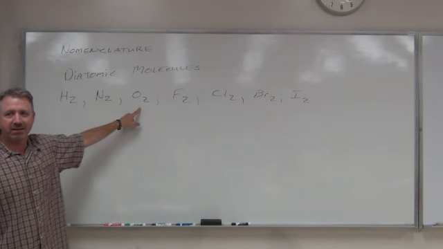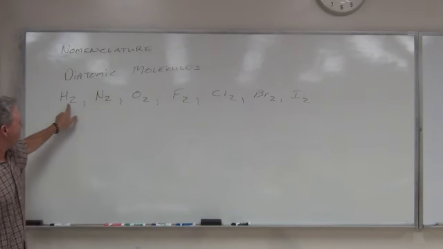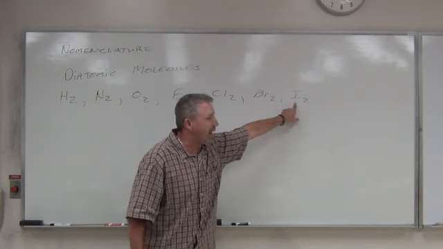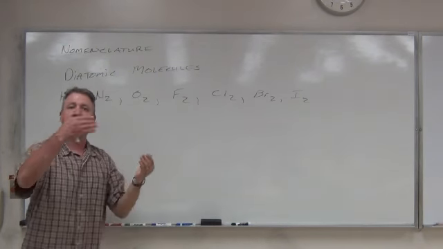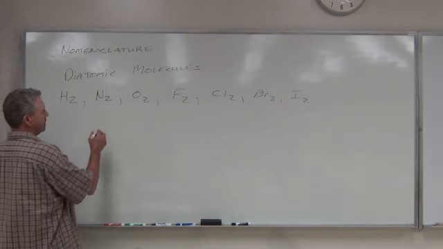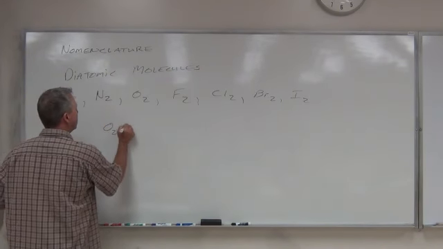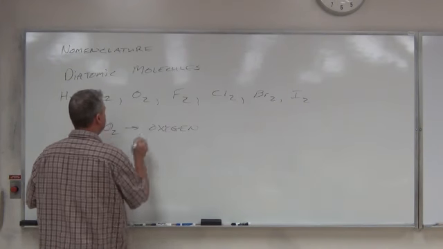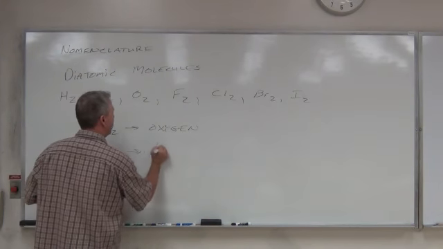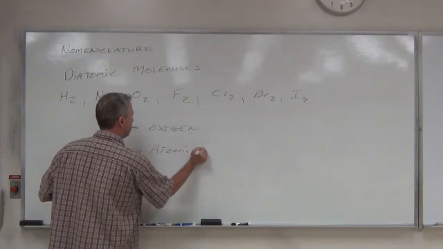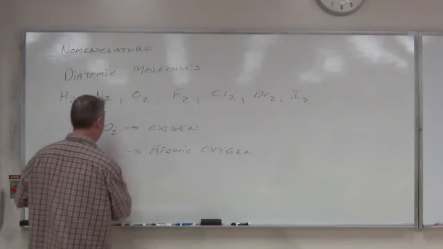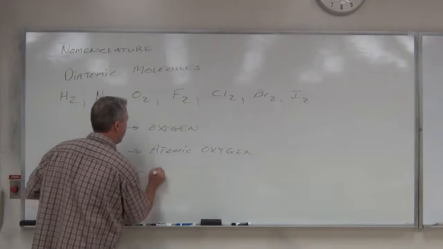Technically that's not correct. Hydrogen, nitrogen, oxygen, fluorine, chlorine, bromine, iodine. And when they break them apart, if you have O2, this is oxygen. O would be atomic oxygen. And of course, O2 minus would be oxide.